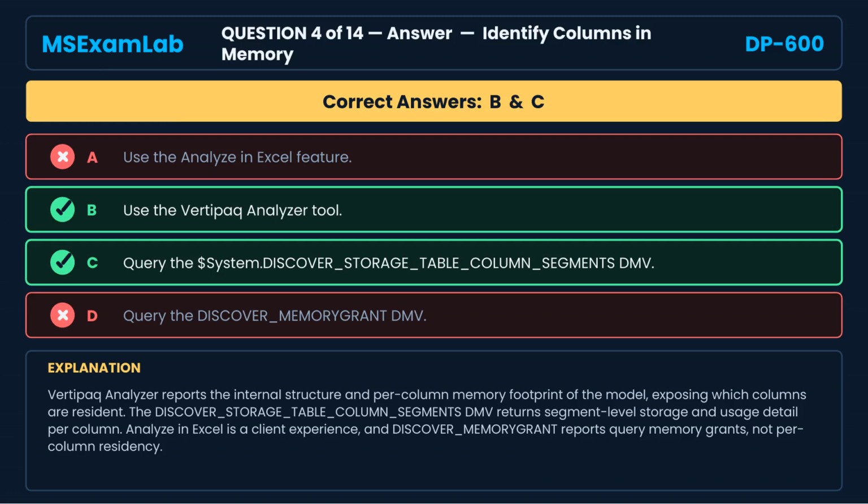The discover_storage_table_column_segments DMV returns segment-level storage and usage detail per column. Analyze in Excel is a client experience, and discover_memory grant reports query memory grants, not per-column residency.